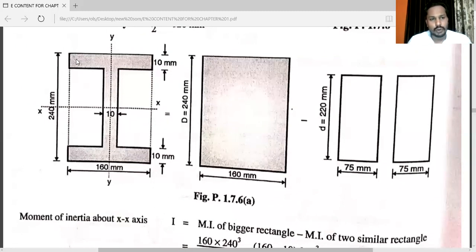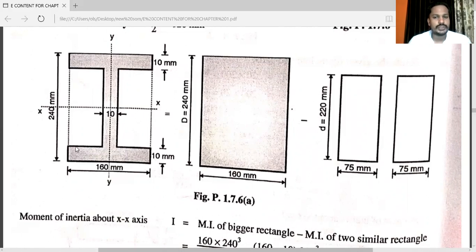See, in this diagram, what we are doing, we are considering the entire diagram as a rectangle. See the cursor position. This is the entire rectangle. And if you minus this rectangle, this one is the first rectangle which we have to minus from the total rectangle.